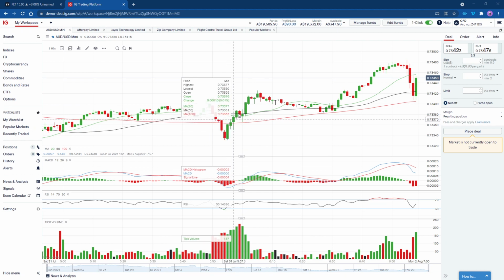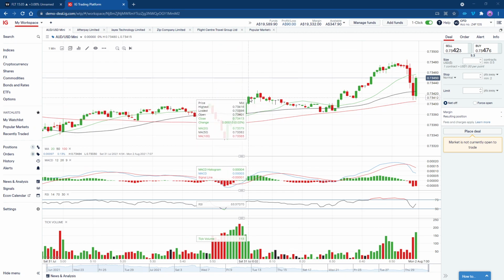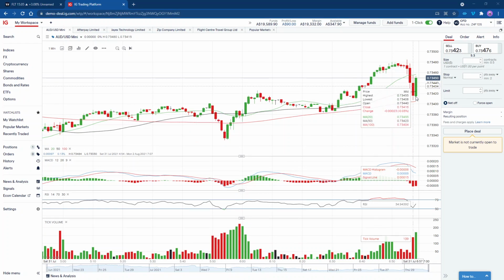So if the green candles continue to go up, that's your strong demand. If the red drops like this one, that's weak demand, right?